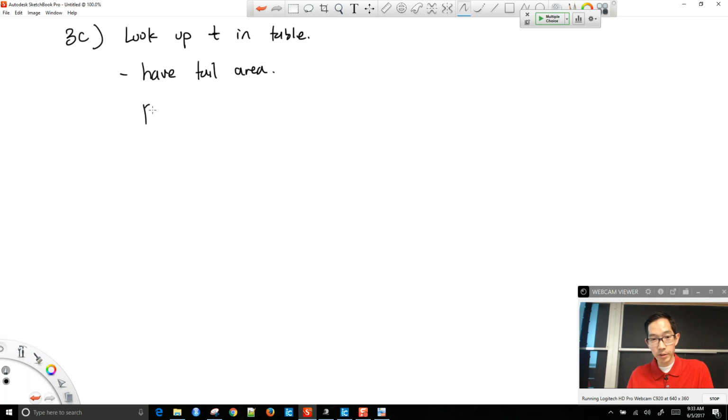Okay, so the p-value is equal, let me say this, p-value is equal to the right tail area when the alternative has a greater than sign.